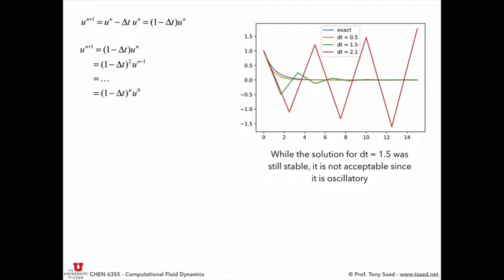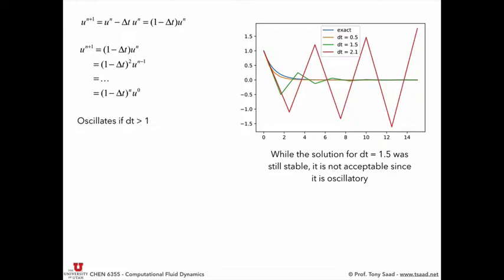Now, we know from basic analysis that this needs to be less than 1 to avoid oscillations in your behavior, because n is going to go 1, 2, 3, 4. It's just going to go up and down. So if you make delta t less than 1, then you make sure you get rid of your oscillation.